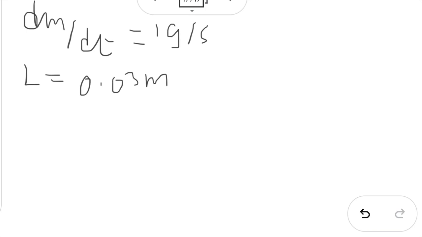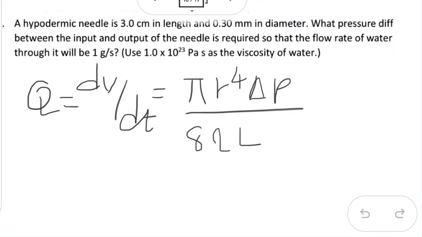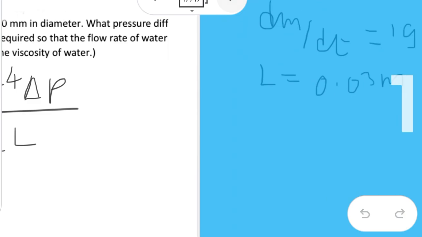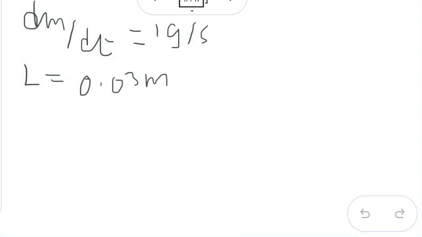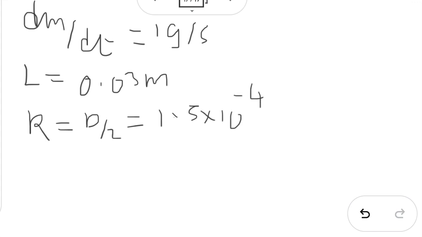The radius is simply half of the diameter, and the diameter we have is in millimeters, so we take that to meters, and the radius is the diameter over 2 converted to meters. That will be 1.5 times 10 to the minus 4 meters.